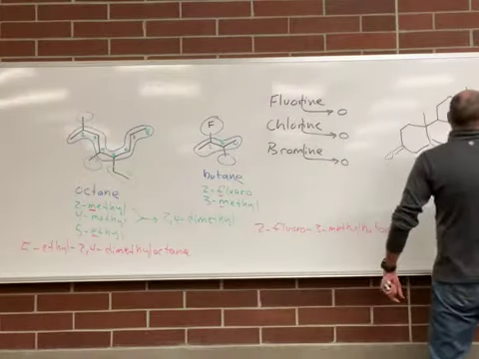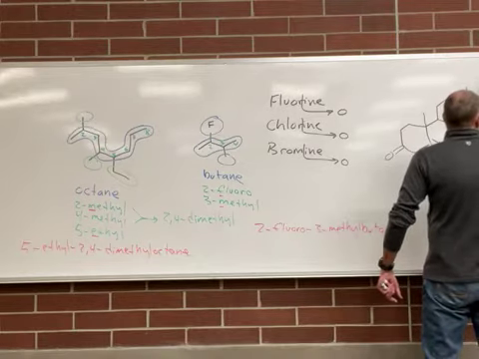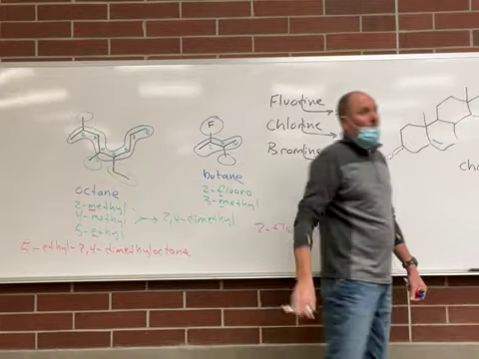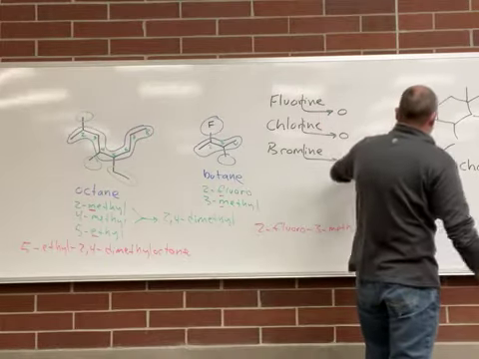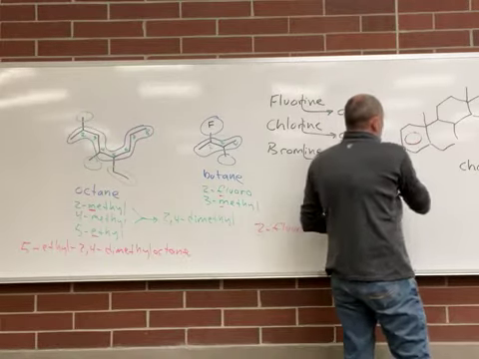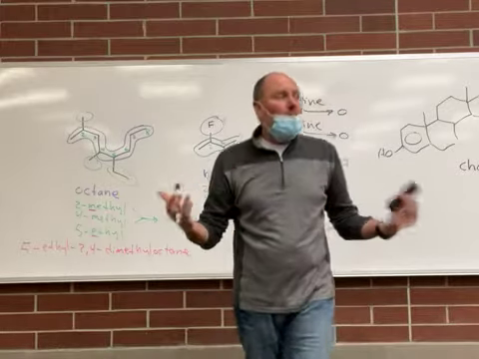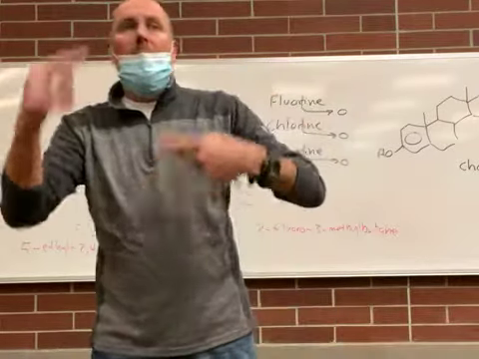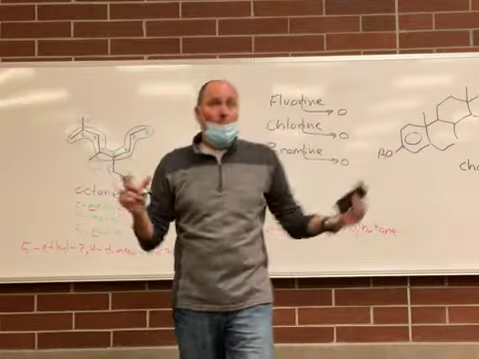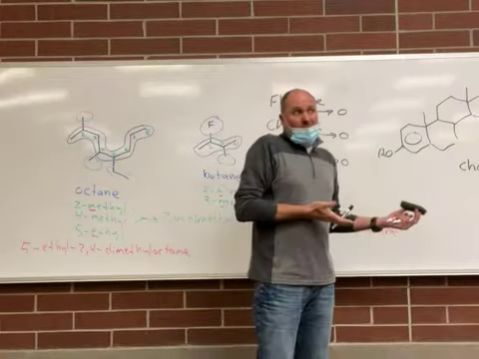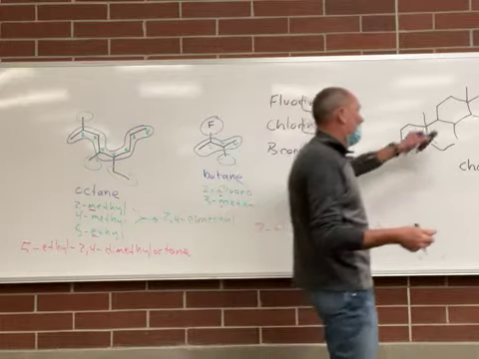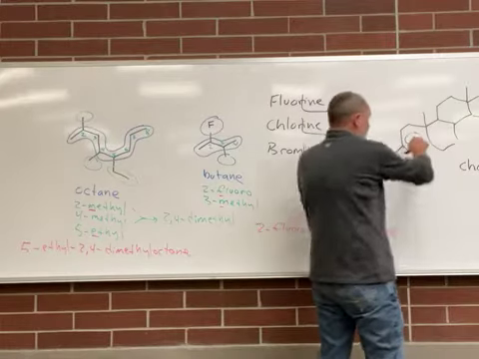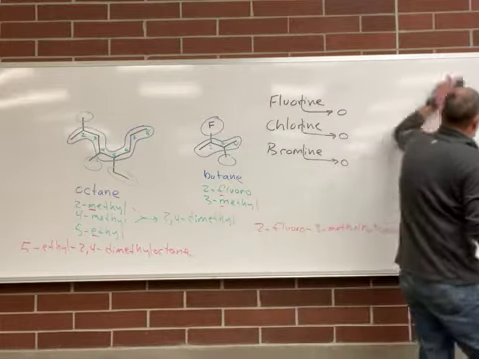Progesterone is that. All right, estrogen is that. So you can see that all of these compounds that work within our body in a very important way have these rings in them. So this is why it's important that we understand these rings. We'll get to the benzene ring on Monday. It's very important as well.